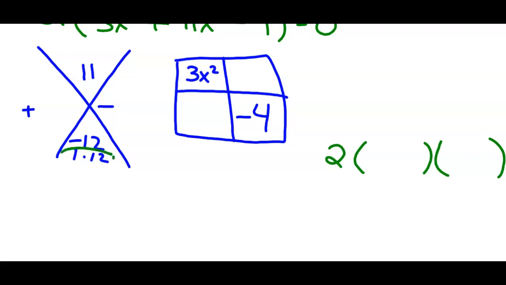Because 1 times 12 subtracts to 11. Which one has to be positive, my 1 or my 12? The 1. This is positive, so my bigger number has to be positive. 12 minus 1 is 11, yes? Fantastic. Ooh, those numbers are a little ugly.